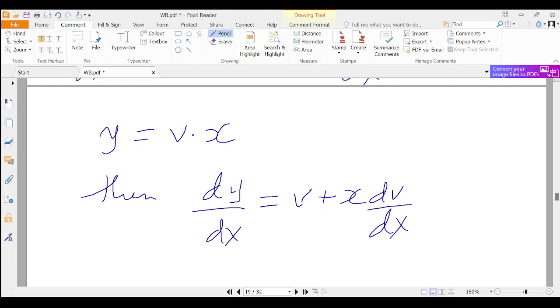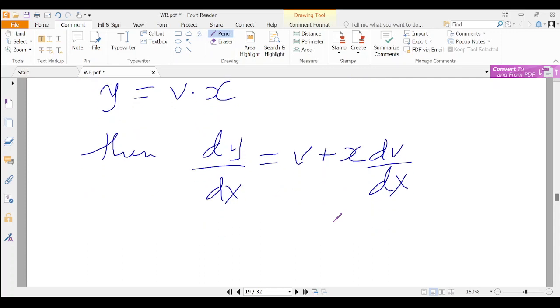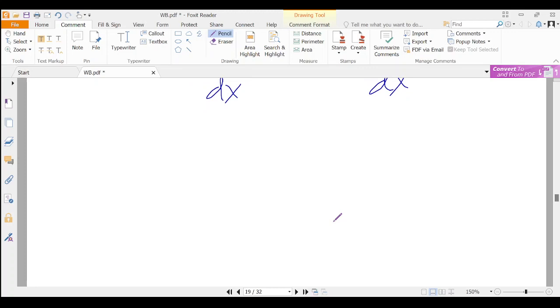So when we substitute y is equal to v times x, the derivative of y with respect to x becomes v plus x dv/dx. This can be achieved by the use of the product rule, as we have seen there. So let's do an example.